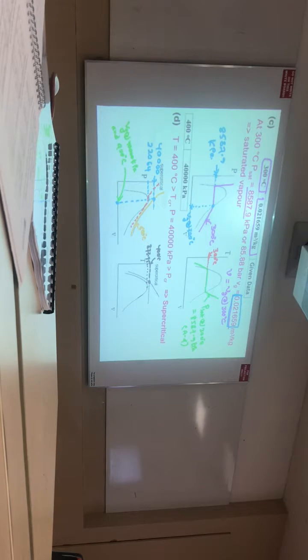And this pressure, 40,000 kilopascal. And if you draw one line, this indicates Vg with respect to 400 degrees Celsius and 40,000 kilopascal.